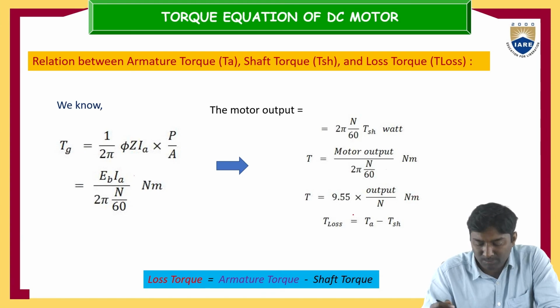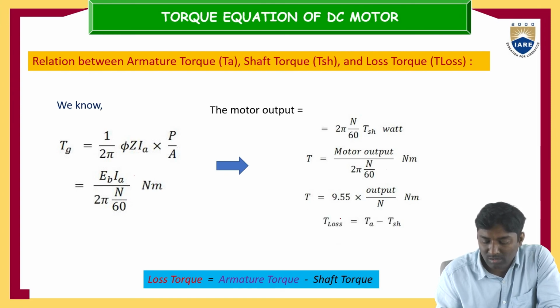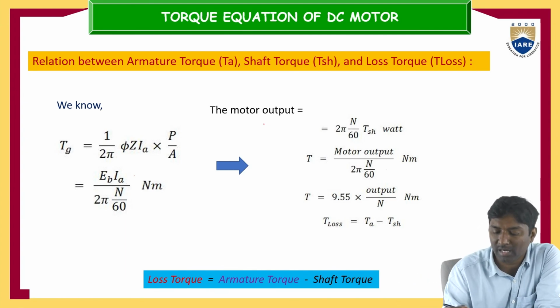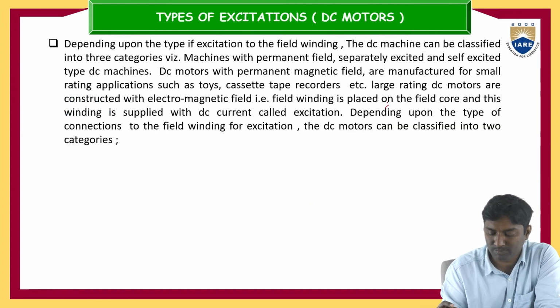Now the shaft torque is equal to 2 pi N by 60, nothing but 9.55 into output by N. This is the Tsh. So this is the motor output.